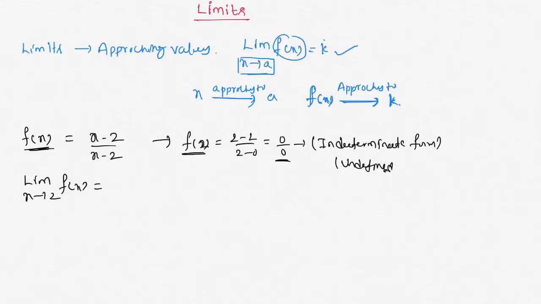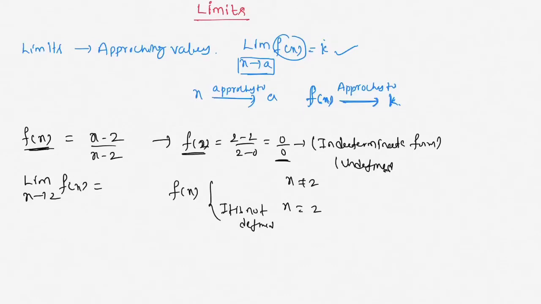So finally what can we conclude? f of x is not defined for x equal to 2. For any value with x not equal to 2, it can be 0, 1, 1.8, 1.99, 1.999, 2.001, 2.002, any value.